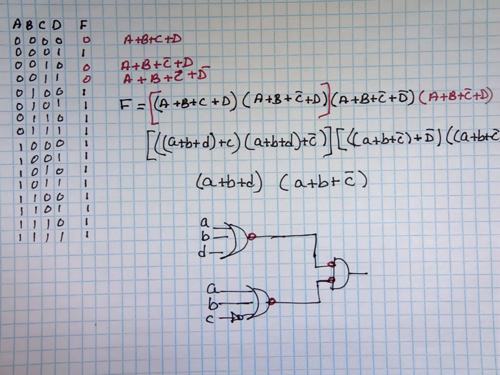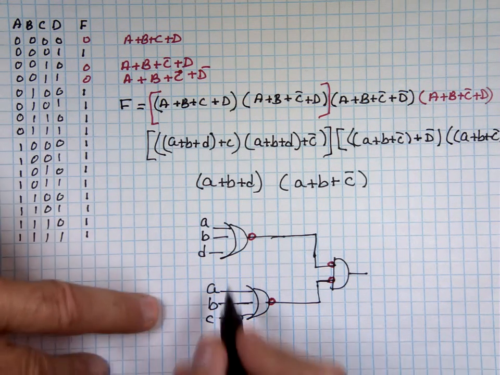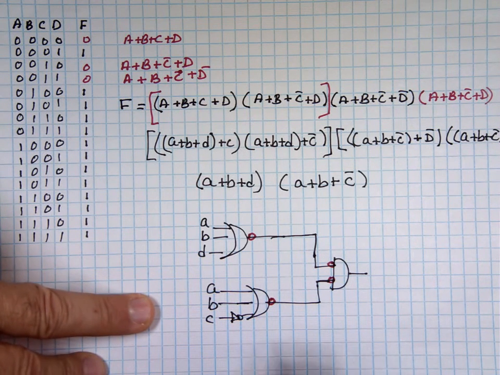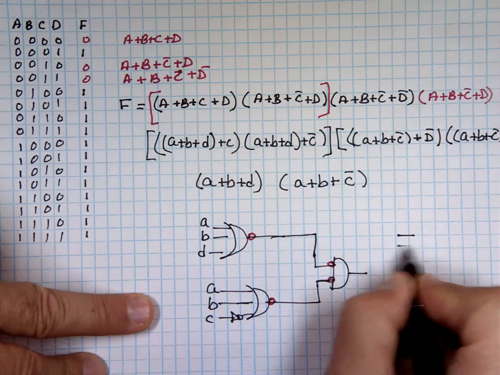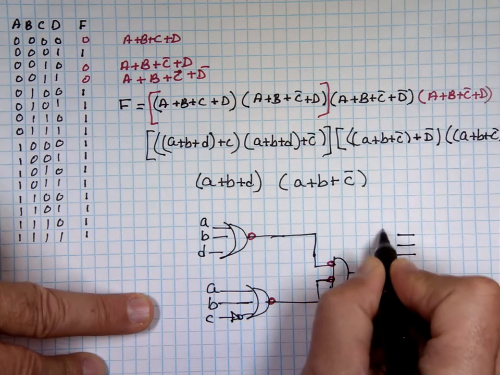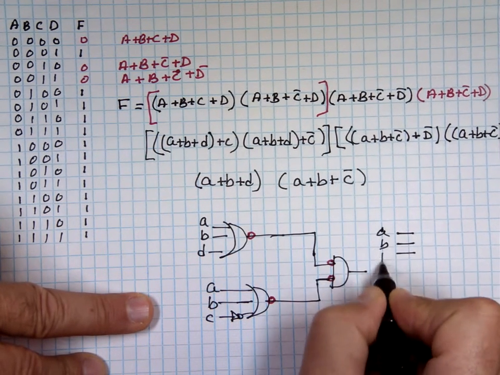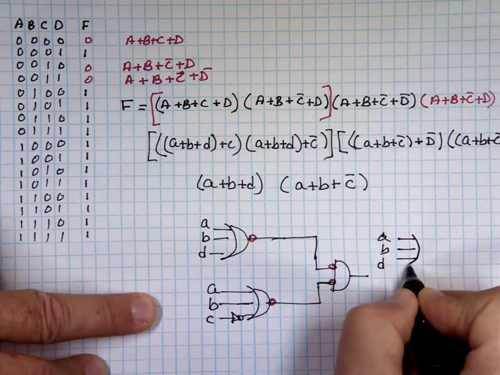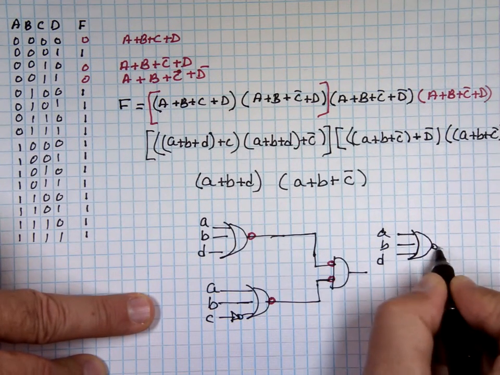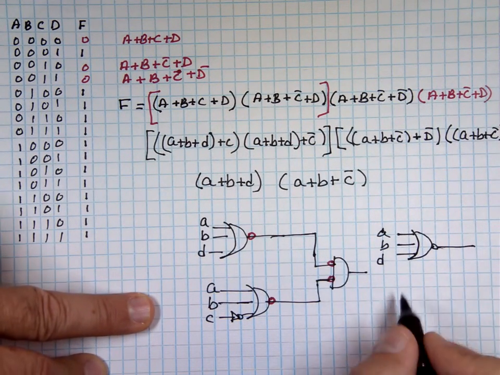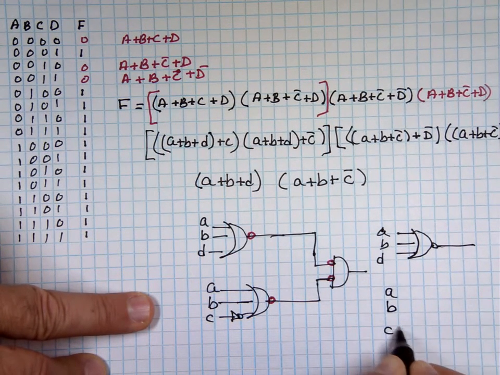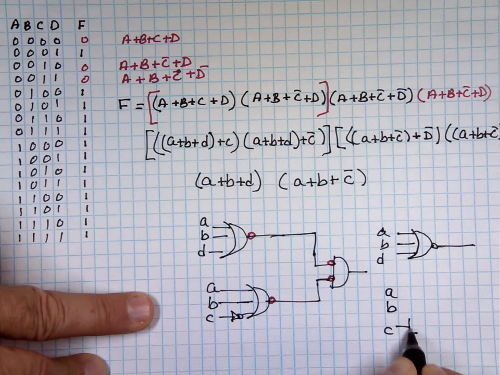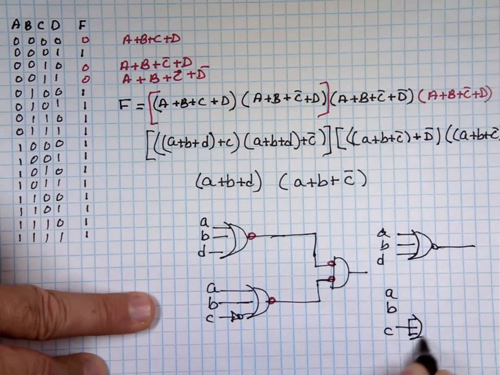So if I do that, I have A, B, and D, NOR. A, B, here's the C. I have to take this and feed it through another NOR gate to make a NOT gate out of it, and attach all three legs together.